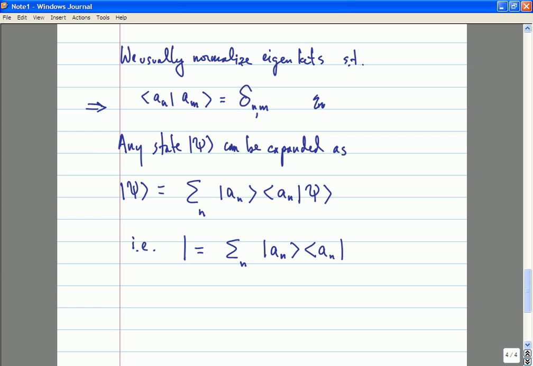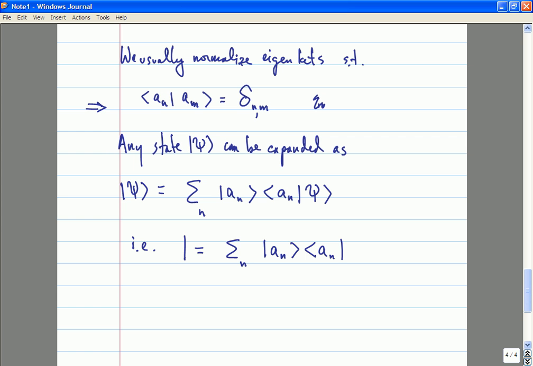Every operator, capital A, has some eigenstates, an, where n is some index. For each such eigenstate, you can write down the projection operator that projects you onto that eigenstate. And then if you sum those projection operators over all of the eigenstates of that operator, you will obtain the operator that does nothing at all.